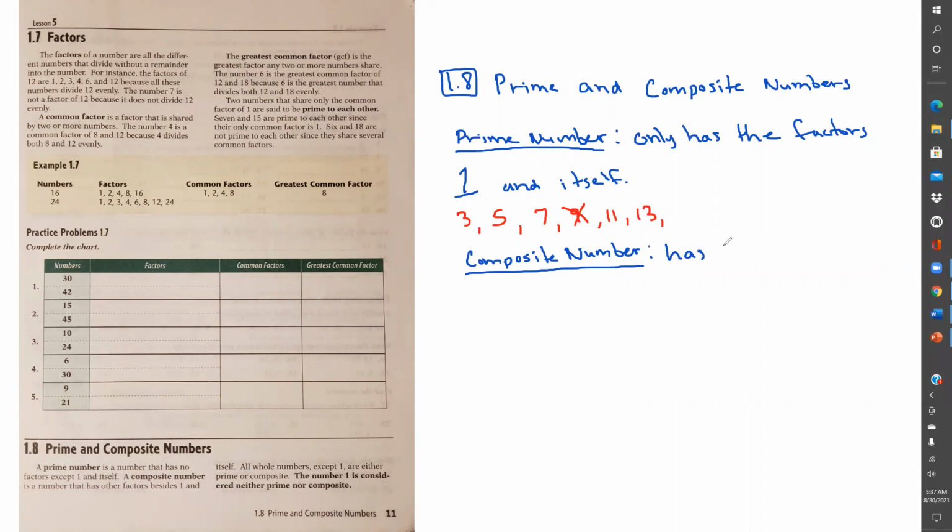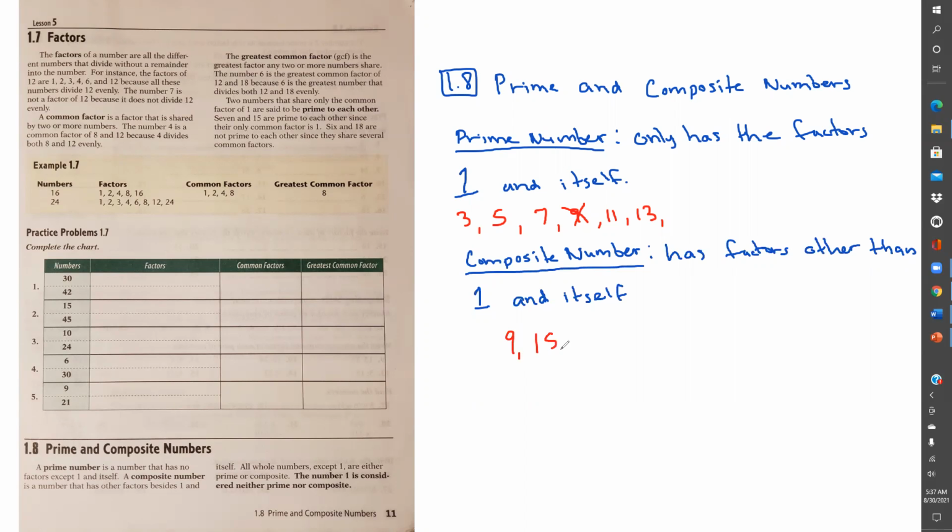So a number that has factors other than 1 and itself. All right, and some examples we said already. We know the number 9 is composite.